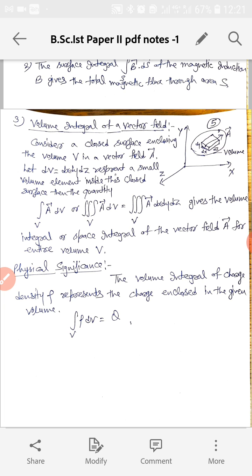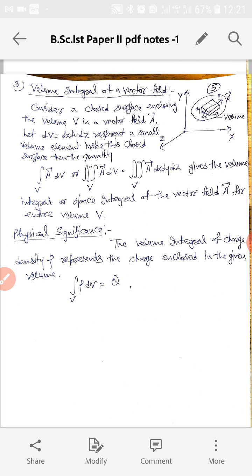Now we come to our third part, which is the volume integral of a vector field. How will we calculate this volume integral?